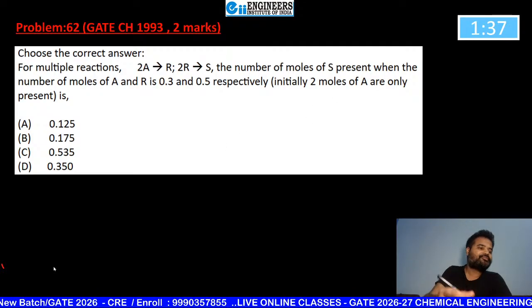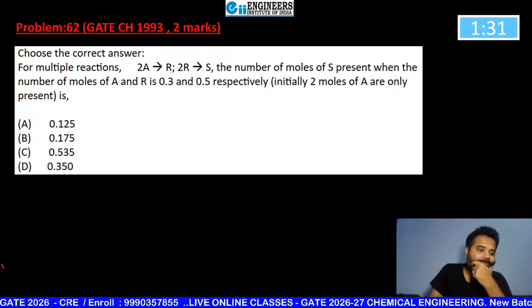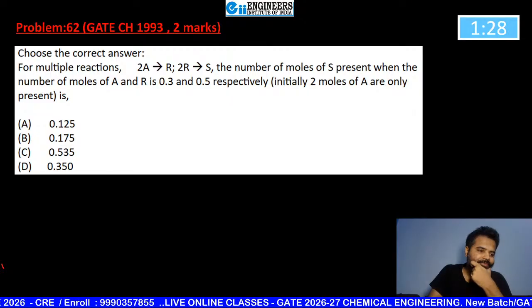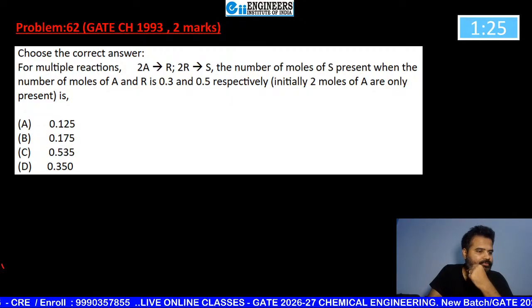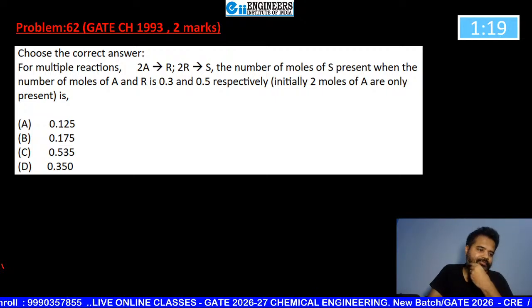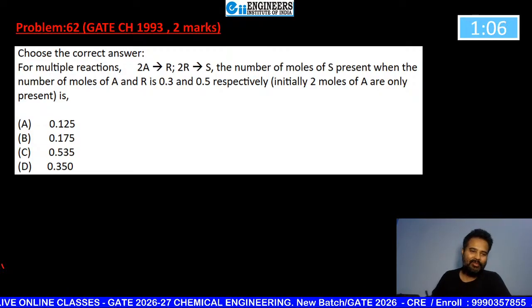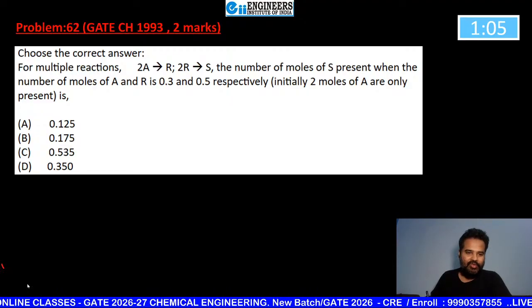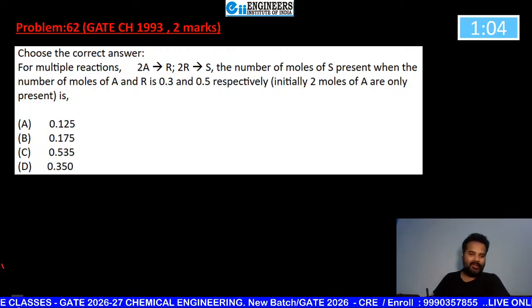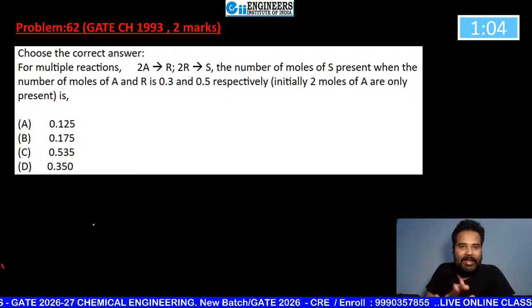Done, beta Anushka? Very good. Anushka also got B. Okay, so I'm stopping the timer because only one student asked for extra time and got the correct answer. Very good. I'm very happy, beta. Very happy.